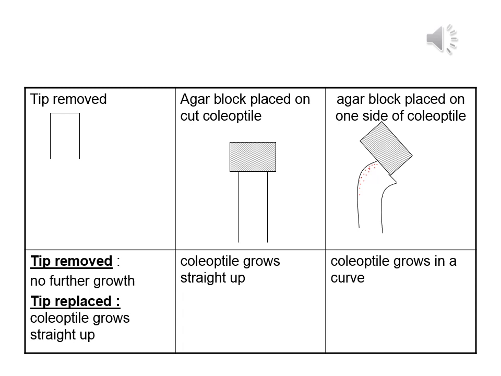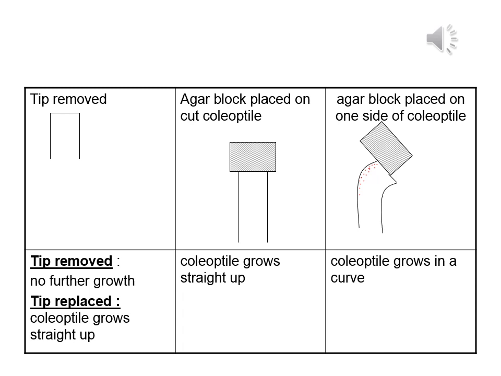we put the agar block placed on the cut coleoptile, so the coleoptile will grow straight up, because the agar can allow the diffusion of auxin. Then auxin will diffuse into the stems.